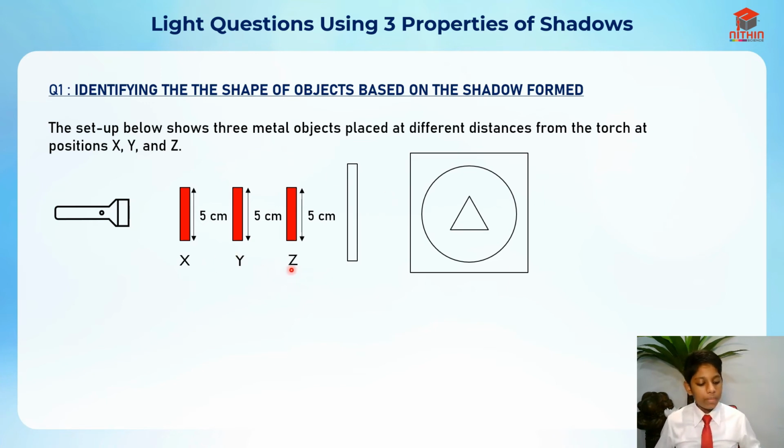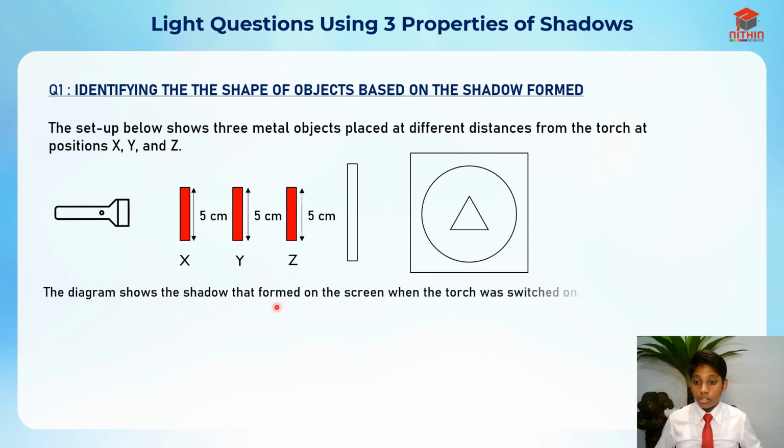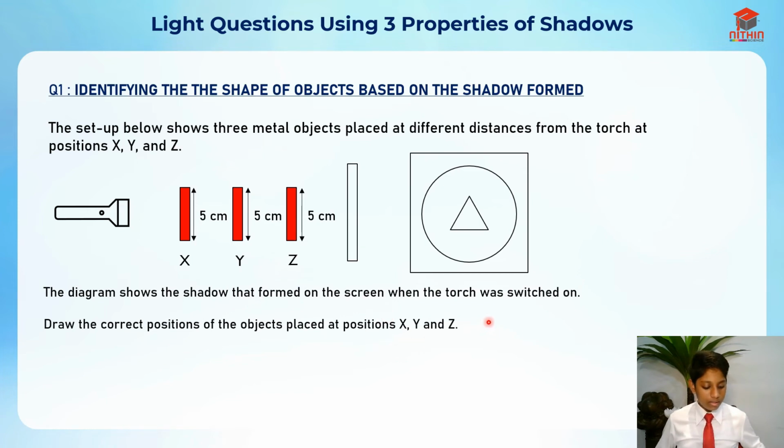They have shapes inside of them. This is the shape formed on the screen: a large square, a circle, and a small triangle. The diagram shows the shadow formed on the screen when the torch was switched on. Draw the correct positions of the objects placed at X, Y, and Z.